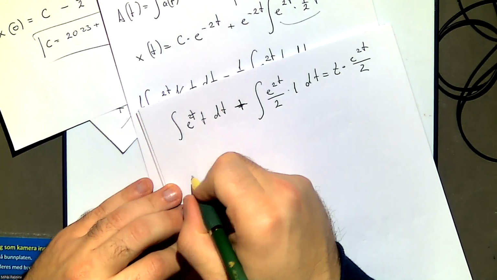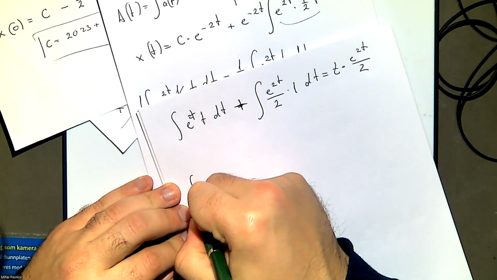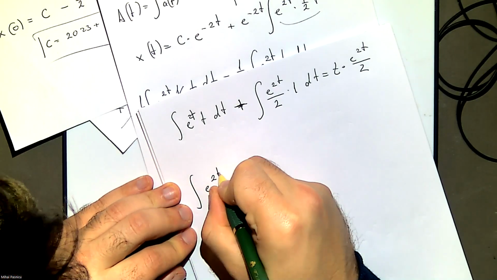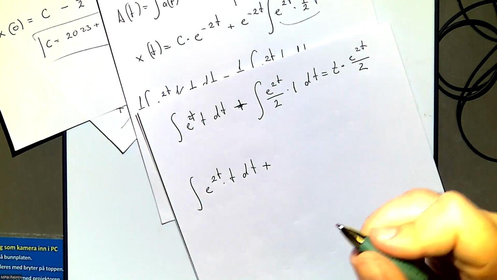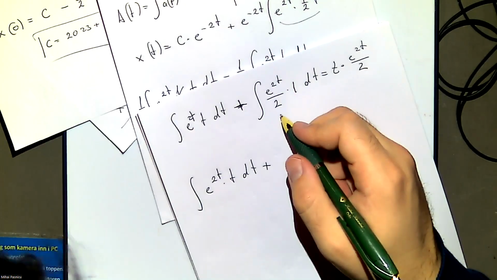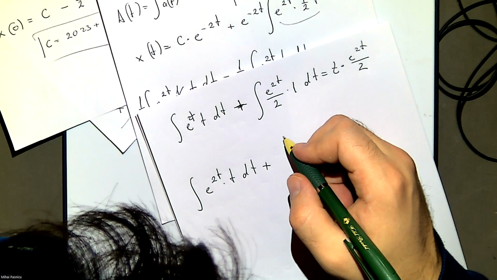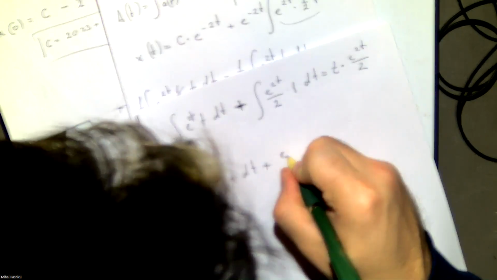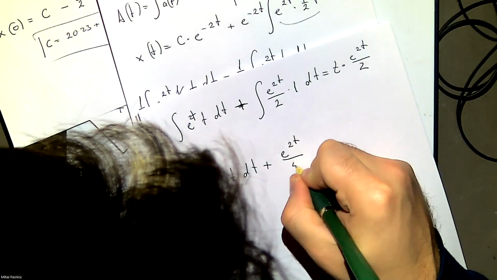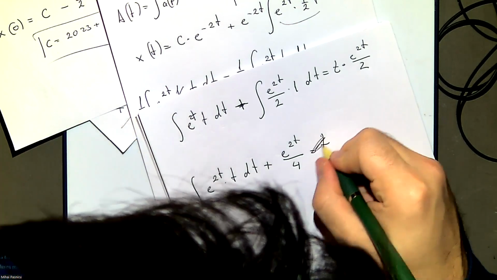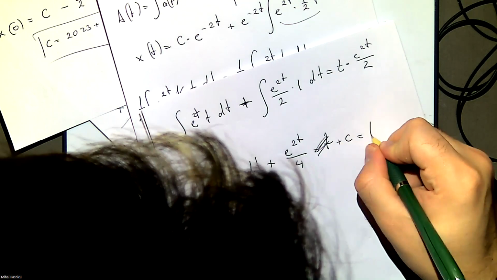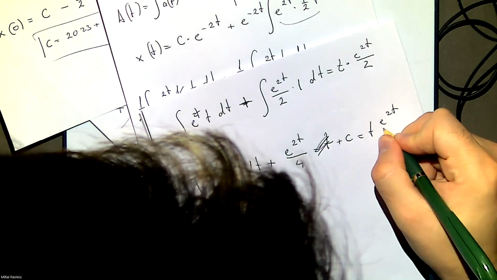Why is it kind of nice right now? Because I have the integral of e^(2t) times t dt, plus this integral over here, which is just e^(2t) over 4, is equal to t, plus a constant, is equal to t e^(2t) over 2.